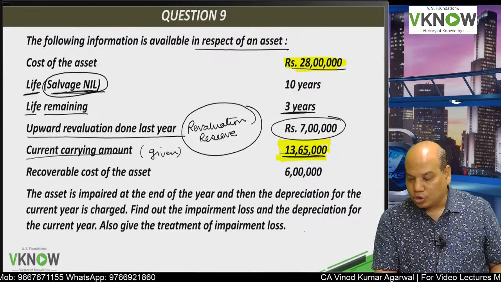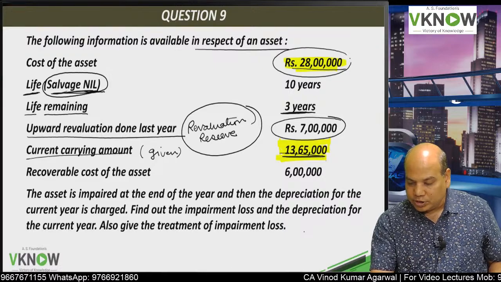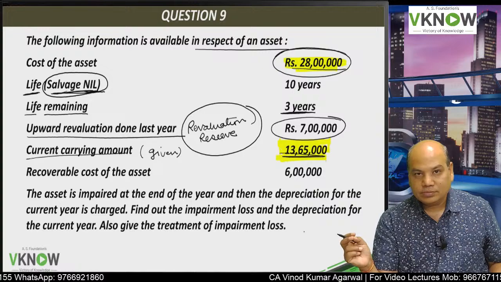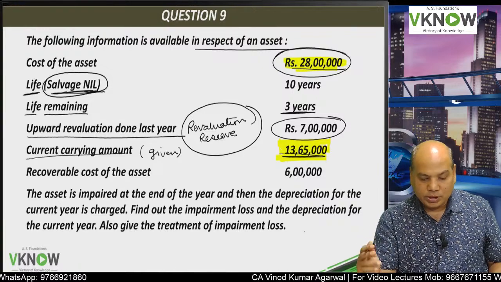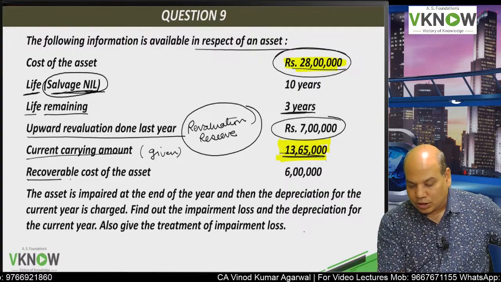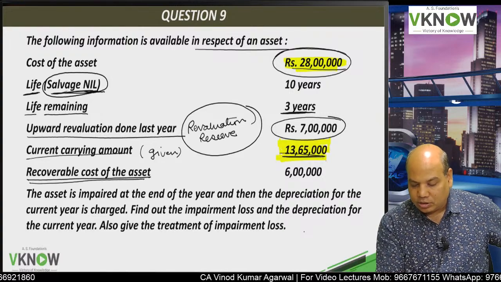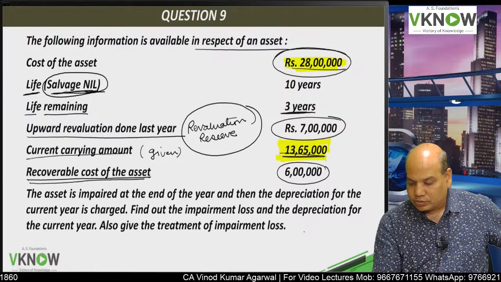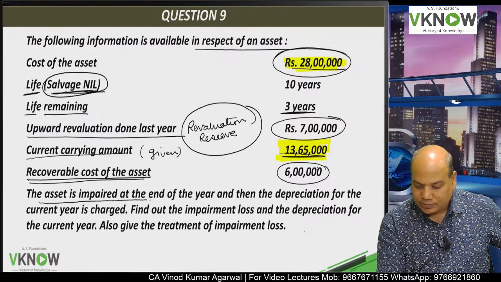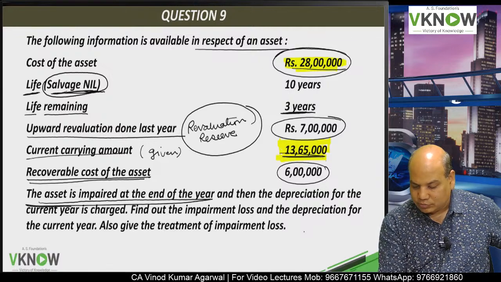If it was not given, then you would depreciate 28 lakh over a 7-year period and find out the carrying amount. But if it is given, you will use it. And they have also calculated recoverable cost 6 lakh. Question is, the asset is impaired at the end of the year, which is clear.